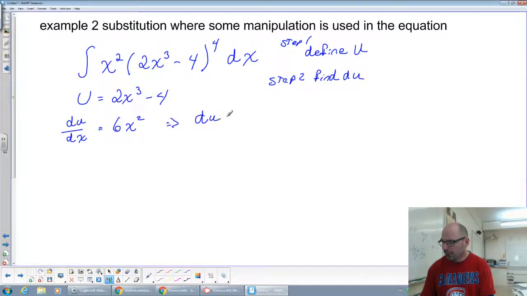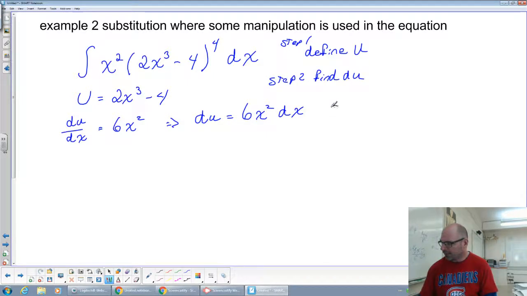Then if we rearrange it, du equals 6x squared times dx. You'll notice that is not the same thing. It's an x squared dx. So you'll notice that the du is 6 times too large.